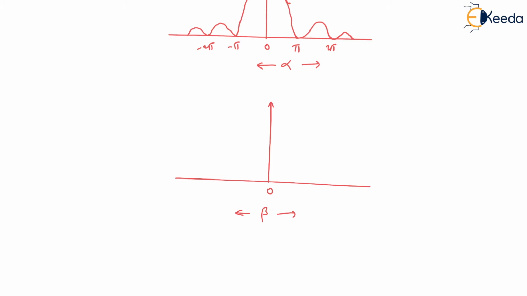So I'll draw the graph like this, as the intensity will be equal, all will have the same maximum intensity. Now we write the values: this will be pi, this is 2 pi, on this side minus pi, and here minus 2 pi.